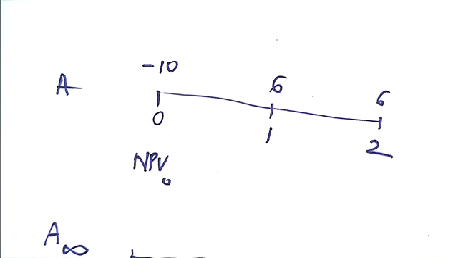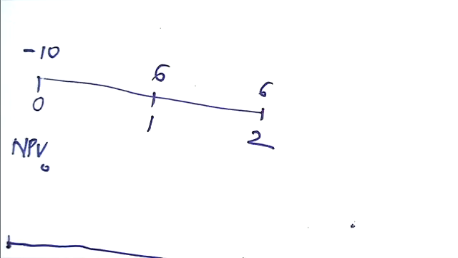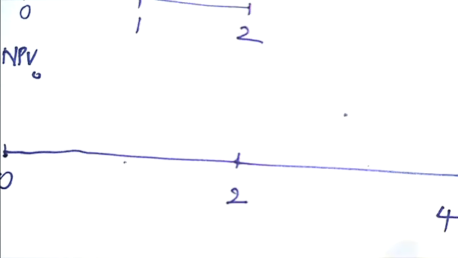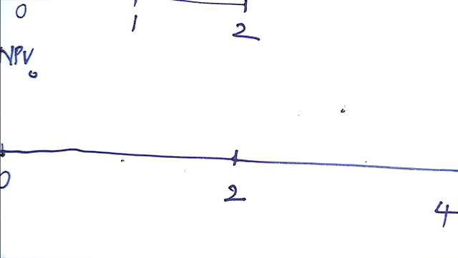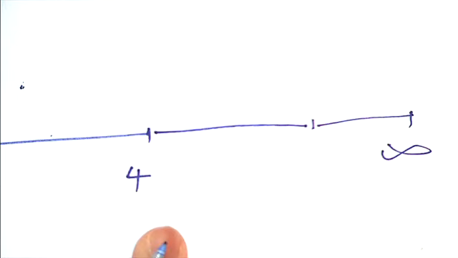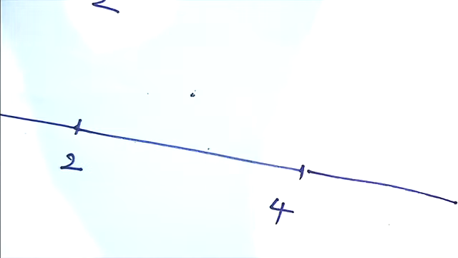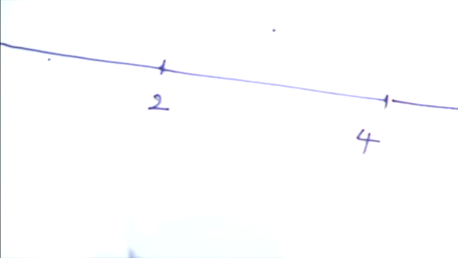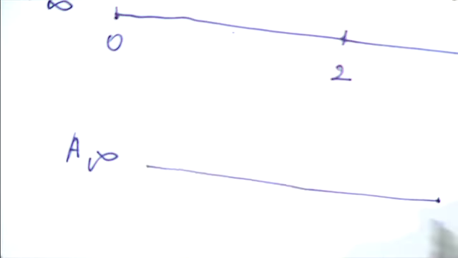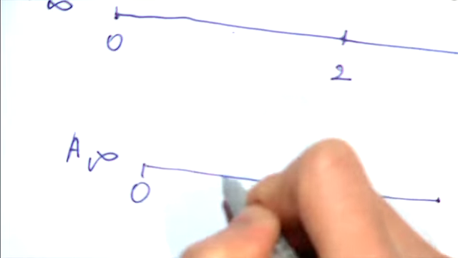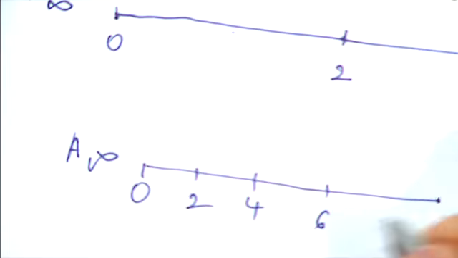So now we have the project of 2, 4, to infinity. Okay, I'd rather draw it a bit smaller. Zero, 2, 4, 6 to infinity.